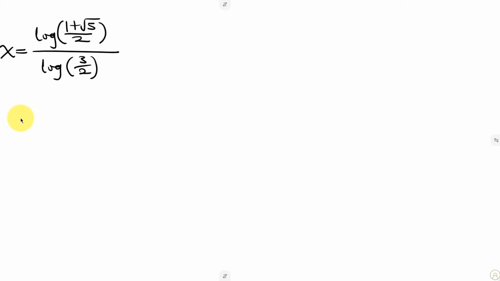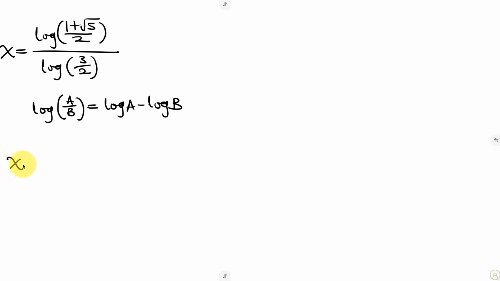Now we've got to a stage where we're going to be applying the law of logarithm that says when I have the log of a all over b, this can be expressed as log a minus log b. So we apply this on the numerator and on the denominator.